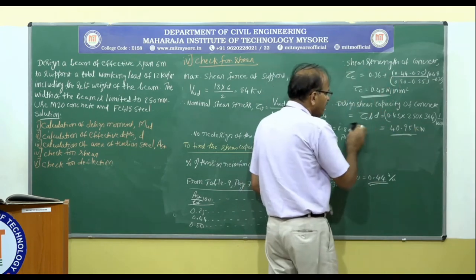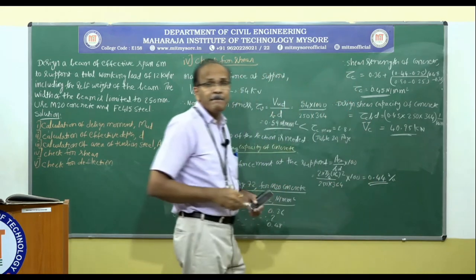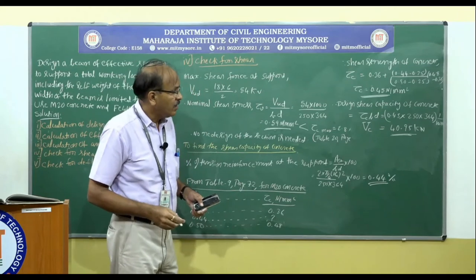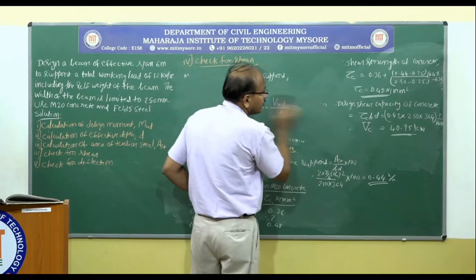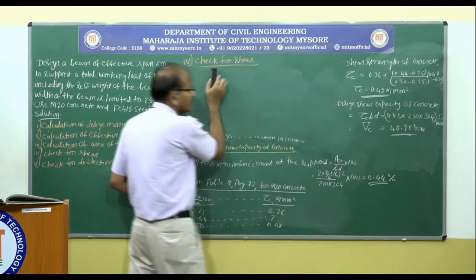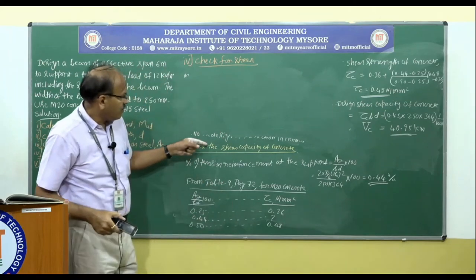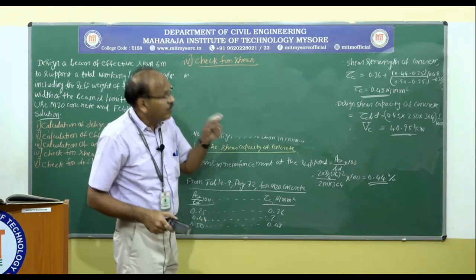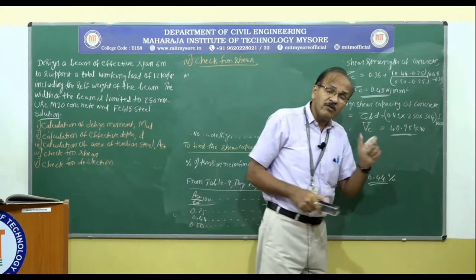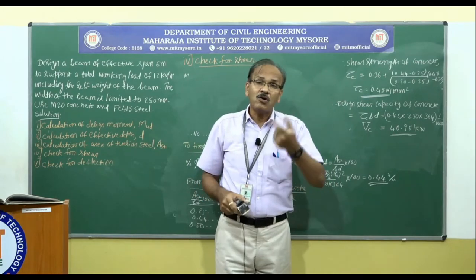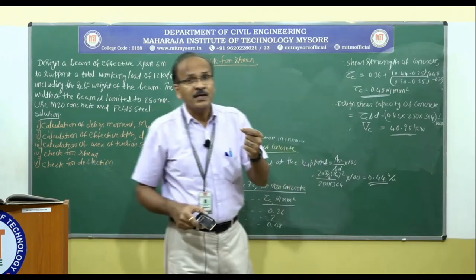Okay. So if you remember, we call this as VUC. See, out of 54 kilonewton total shear, 40.95 kilonewton is carried by the concrete itself. So the remaining should be carried by the steel.